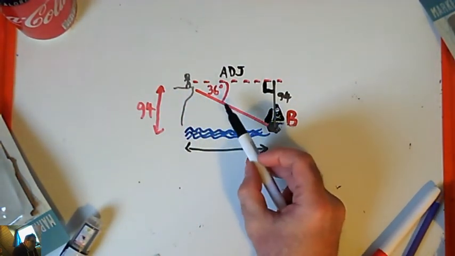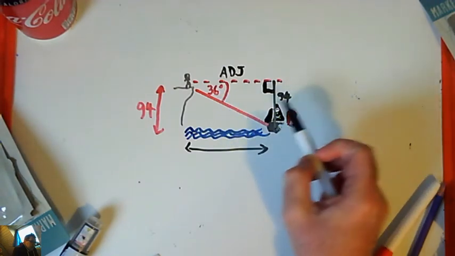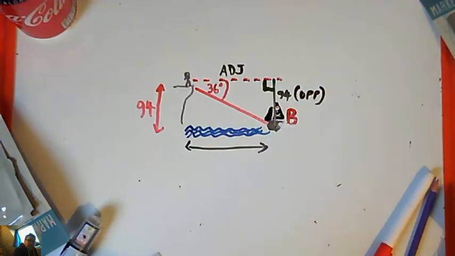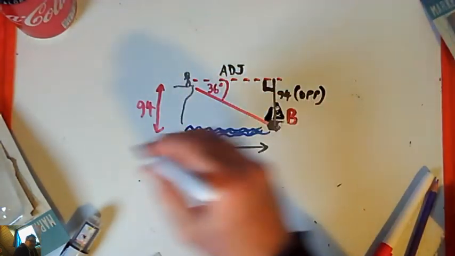So I've got a triangle with 36 degrees, 94, which is opposite to the 36, and the adjacent, which I'm trying to find out. So opposite and adjacent, that's tan.